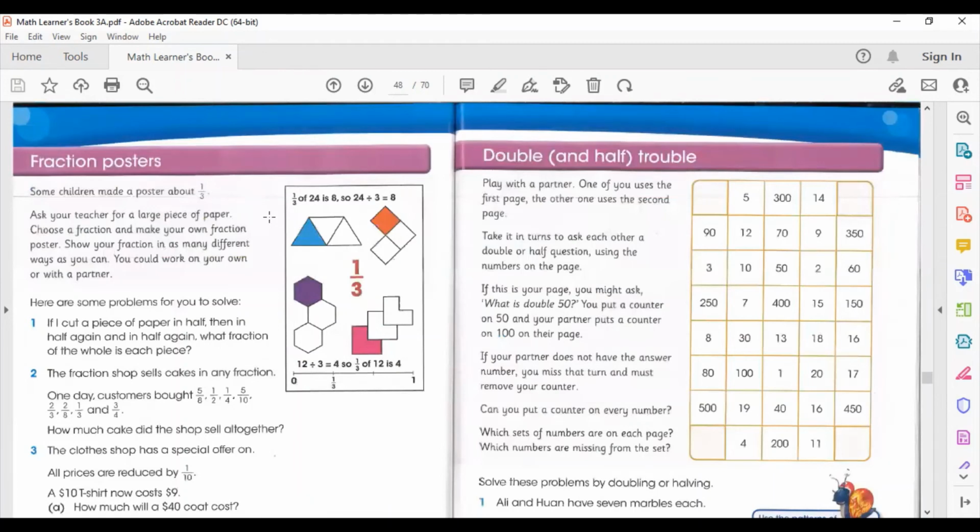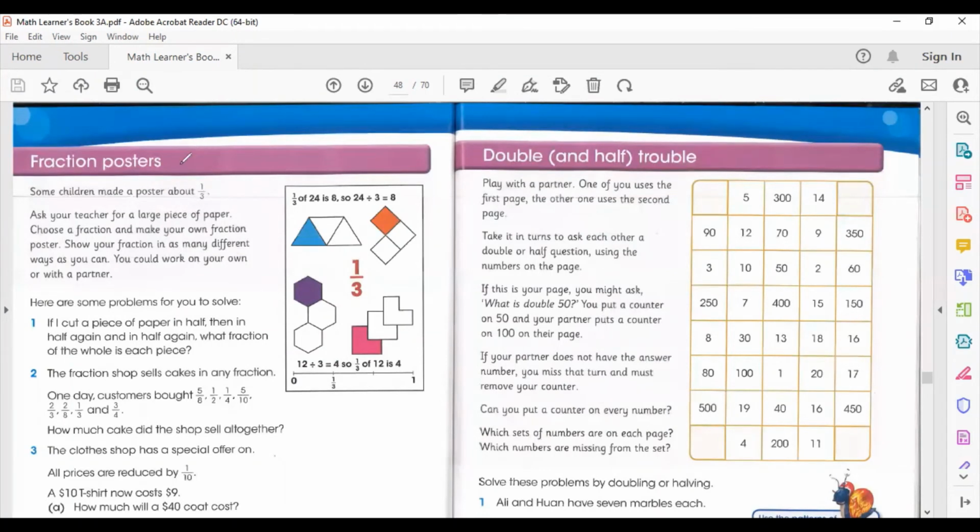Here are some problems for you to solve. If I cut a piece of paper in half, then in half again. Okay, let us do it slowly.